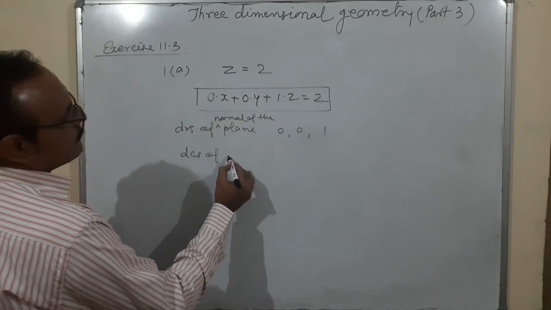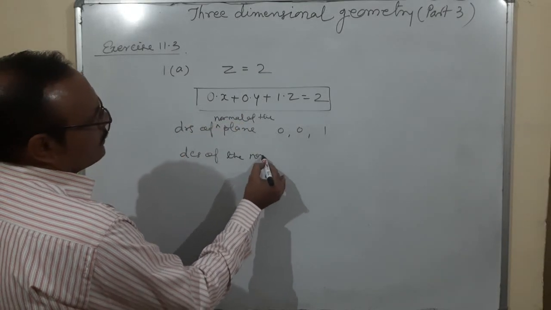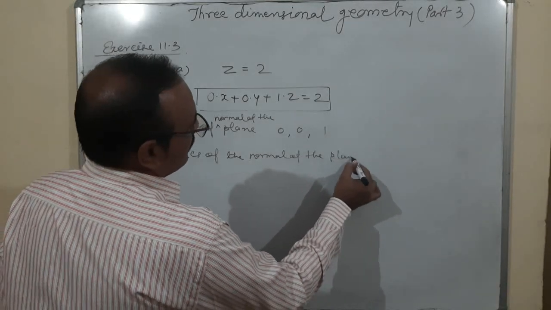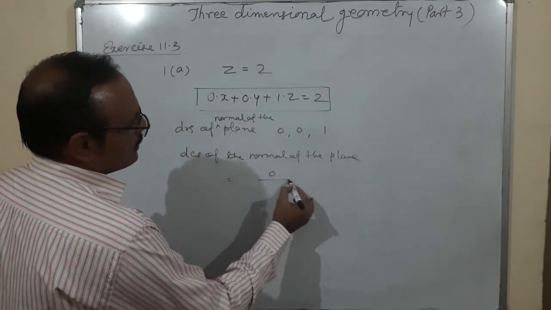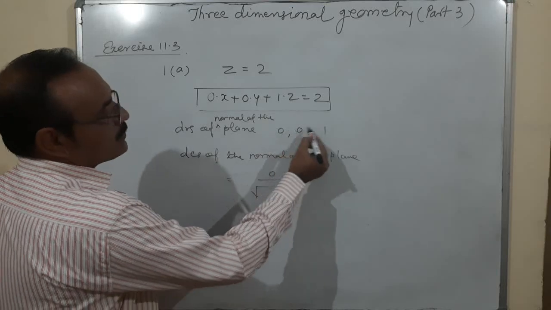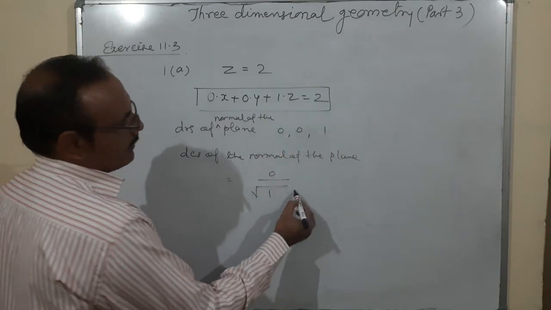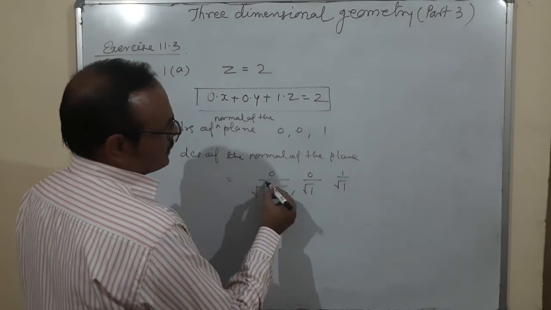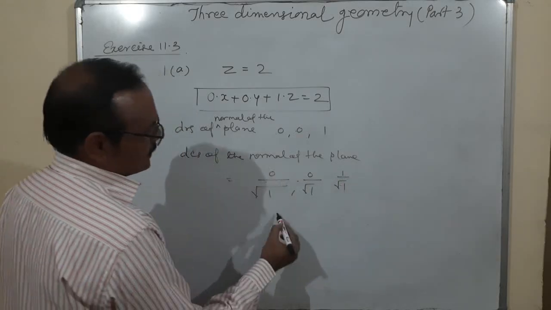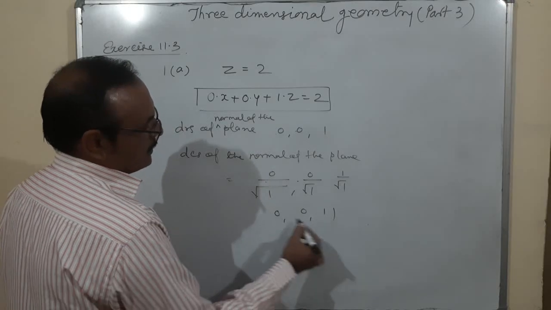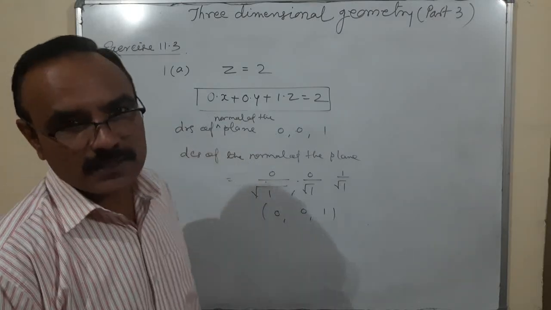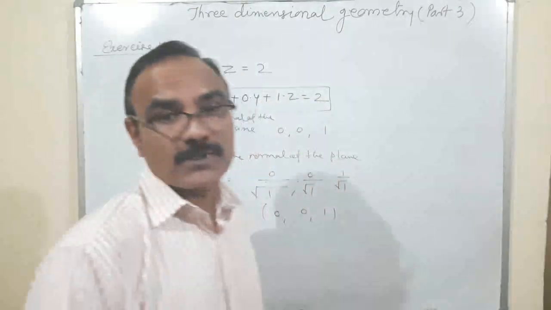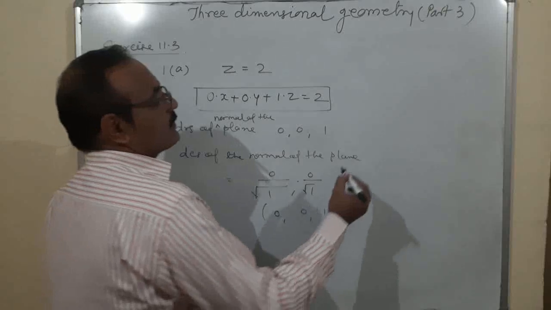Direction cosines of the normal of the plane are 0 upon under root 0 square plus 0 square plus 1 square, that is 1, 0 upon again 1, and 1 upon under root 1. So they are 0, 0 and 1 upon root 1, that means 1. So that means 0, 0, 1. These are the direction cosines of the normal. Second, they are asking to find the distance from the origin.